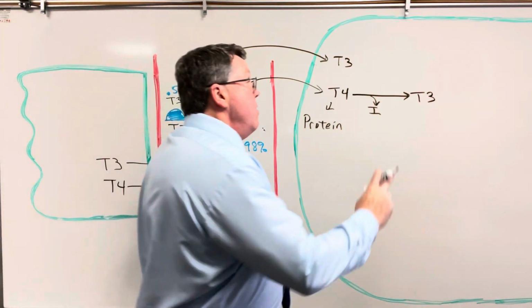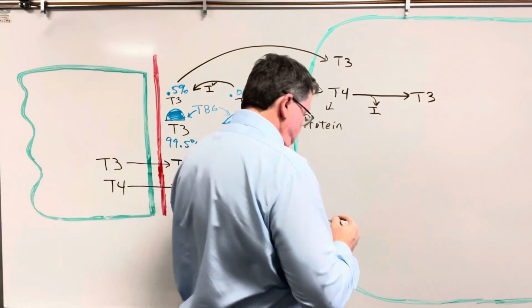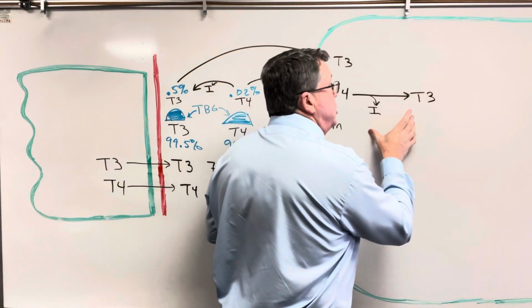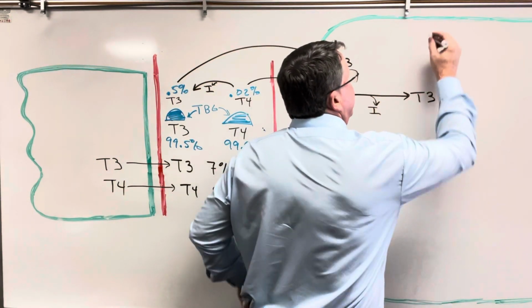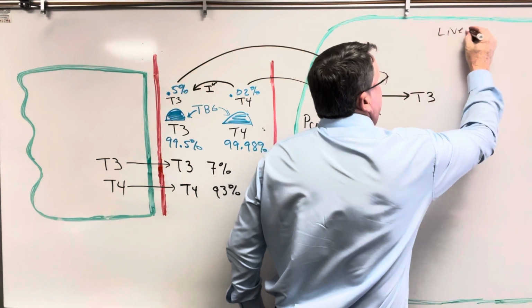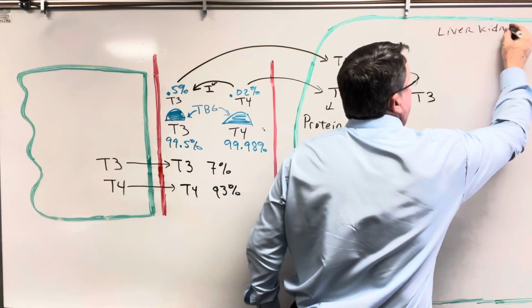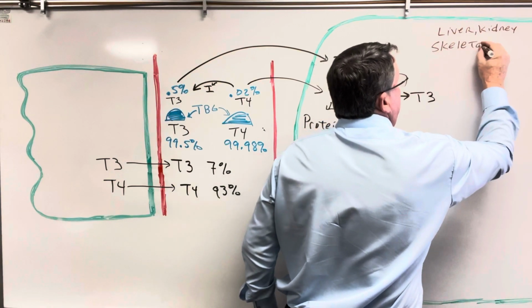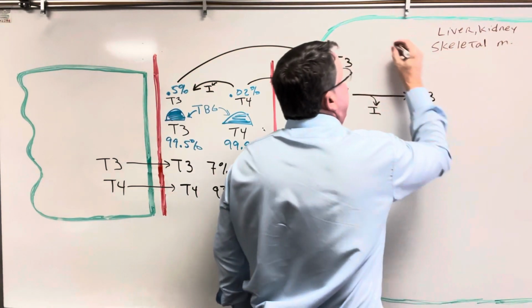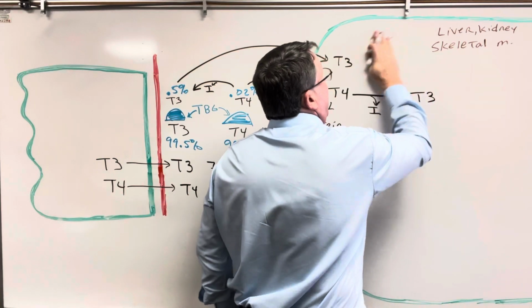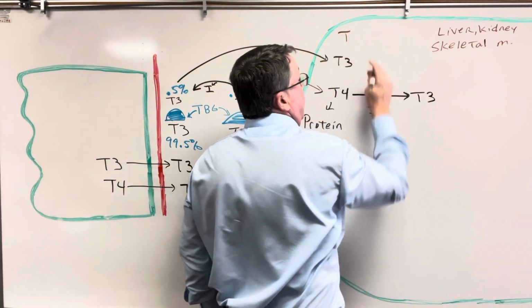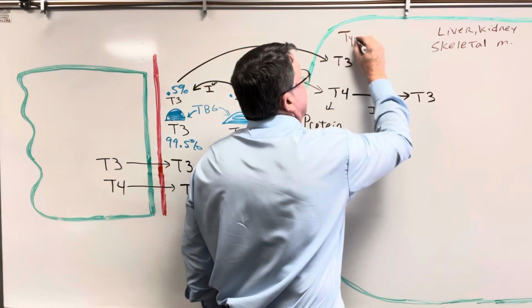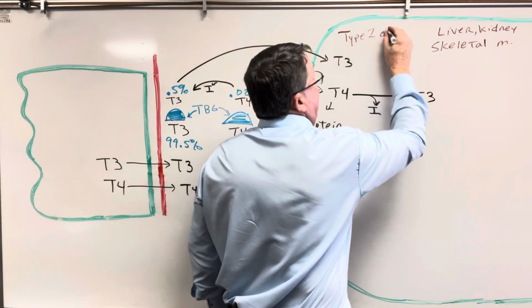There are two ways that this can happen. If this is inside something such as the liver, the kidney, skeletal muscle, or the thyroid gland, I'm going to have what's called a type 1 deiodinase, which is going to remove this iodine. Like I said, I'll explain some more about this in just a minute. So here's a type 1 deiodinase.